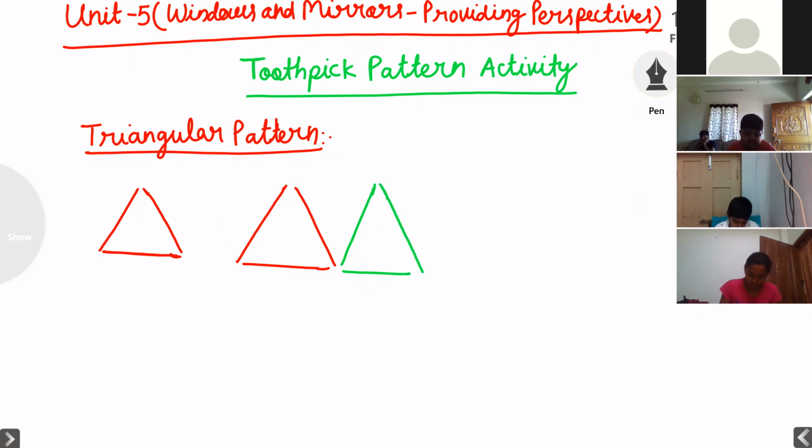How many toothpicks are required? One triangle, 3 toothpicks. If I want to draw 2 triangles, how many toothpicks are required? 6 toothpicks. Are you getting my point?